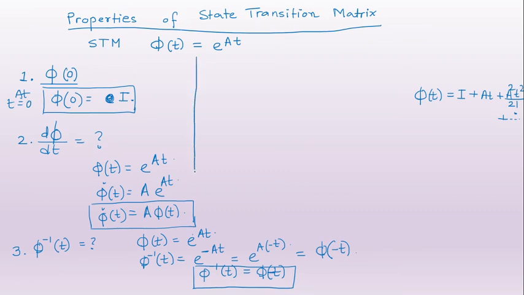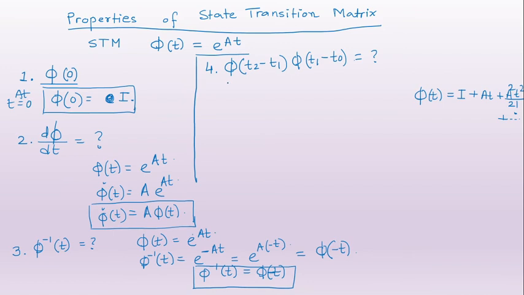Next, property number 4. Property number 4 asks what can be phi of t2 minus t1 into phi of t1 minus t0. Okay, so what is this? We have to get it.